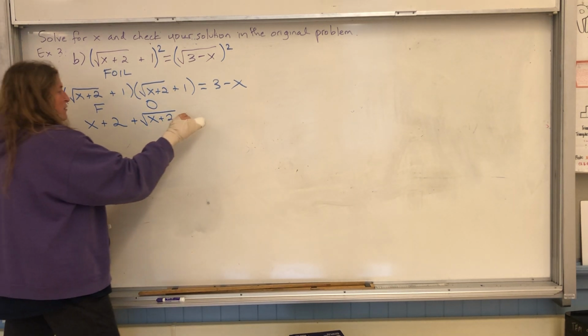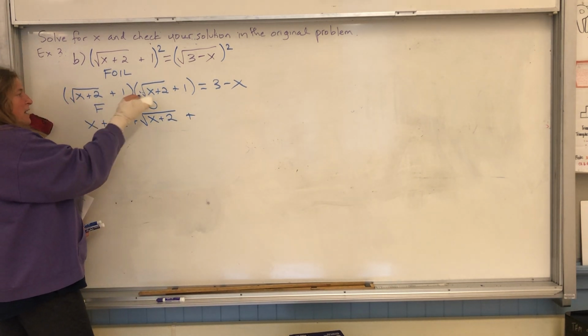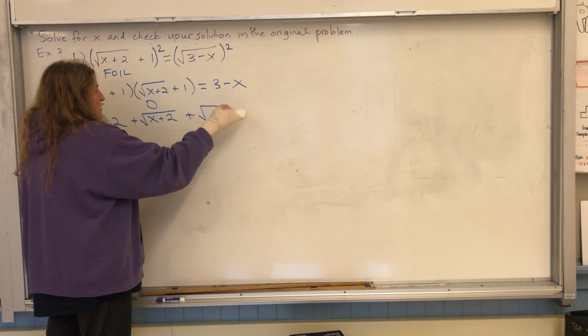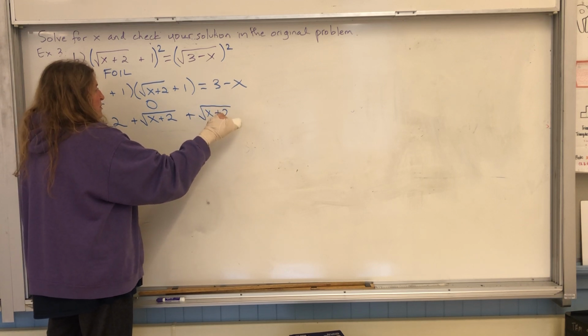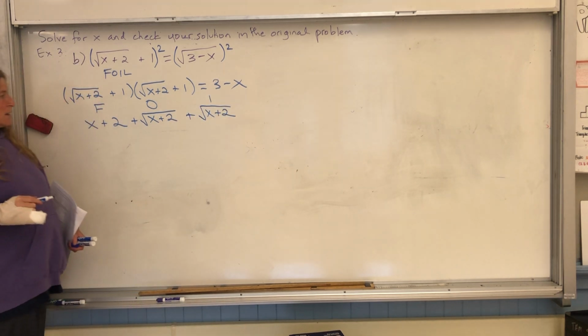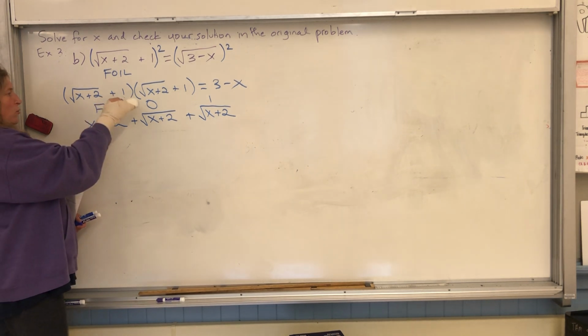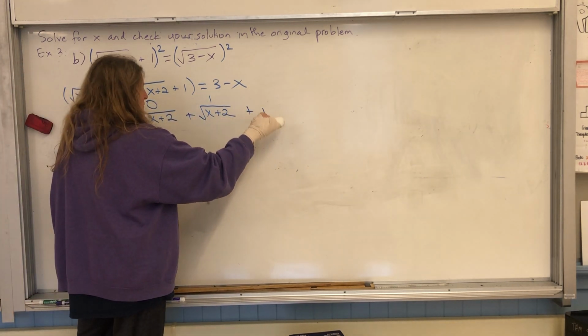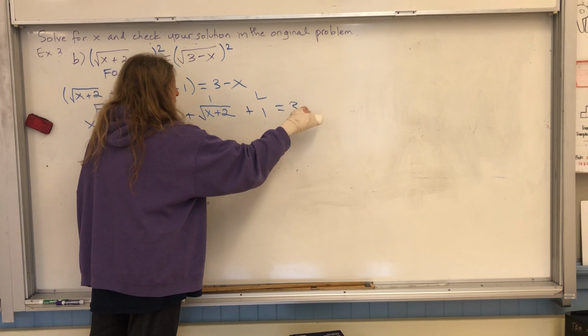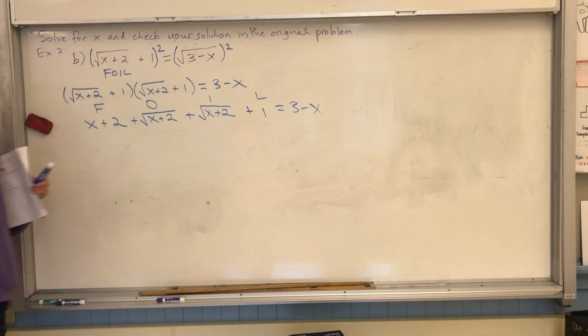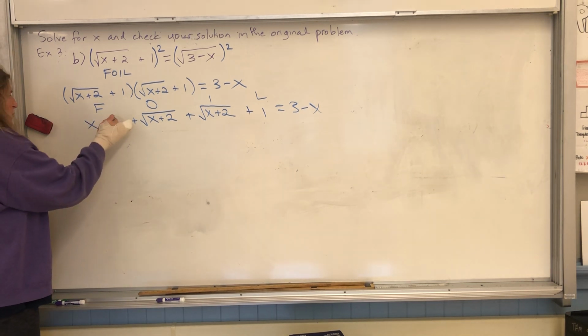Okay, now let's do the inners inside. 1 times the square root of x plus 2 is equal to the square root of x plus 2. And then the last one's the easiest, 1 times 1. Right, so there's what we have. We've got FOIL. Okay, so we have some like terms here. First, we can see that there's a 2 plus 1 I can do.